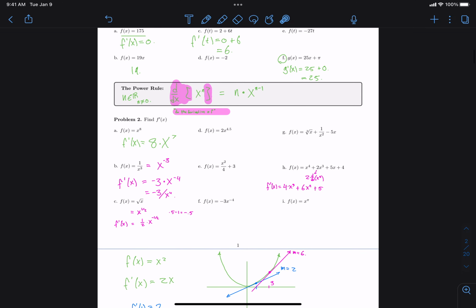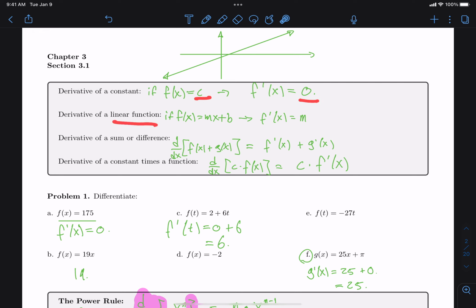The derivative of a number is just 0. Derivative of a linear function, okay, so something like mx plus b, is just the slope of that linear function. And we also learned that the derivative of a sum is just the sum of the derivatives. And the derivative of a constant times a function is just a constant times the derivative of that function.